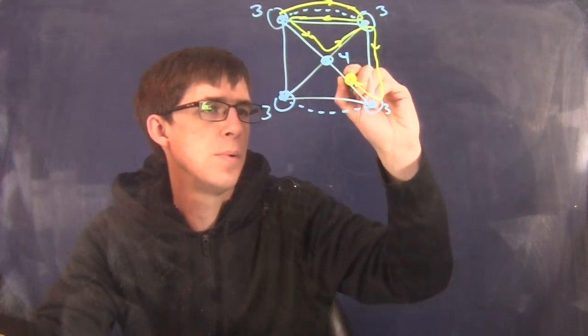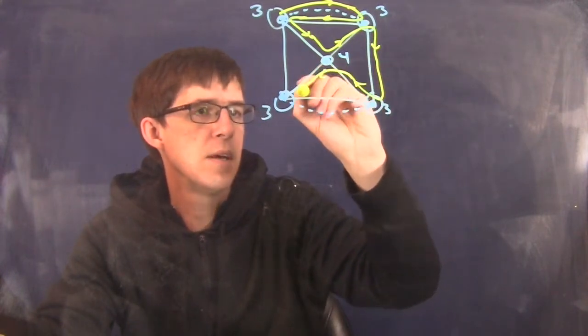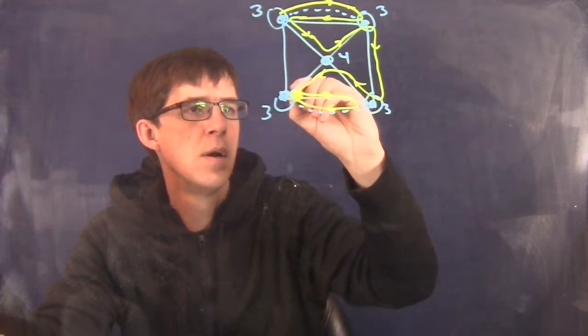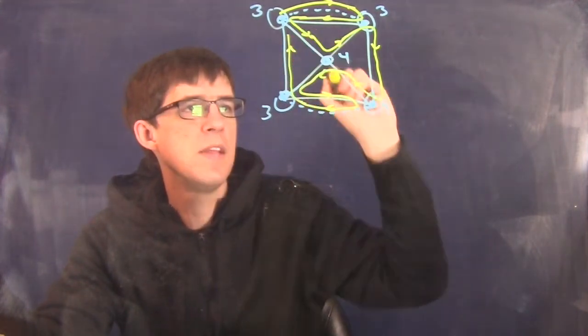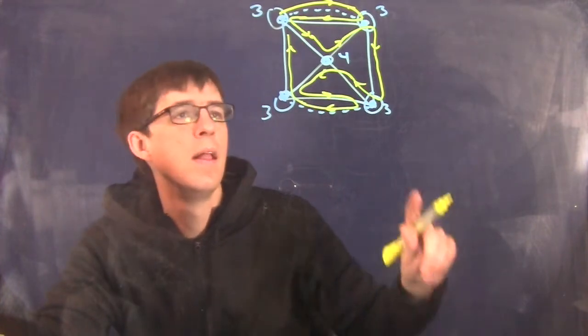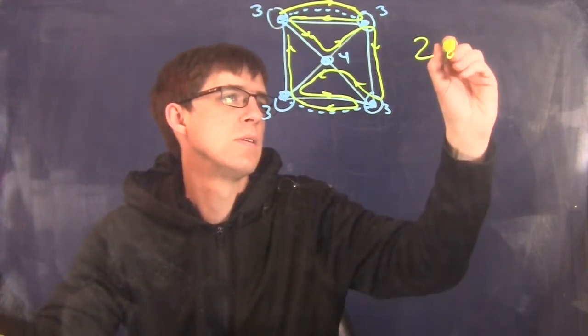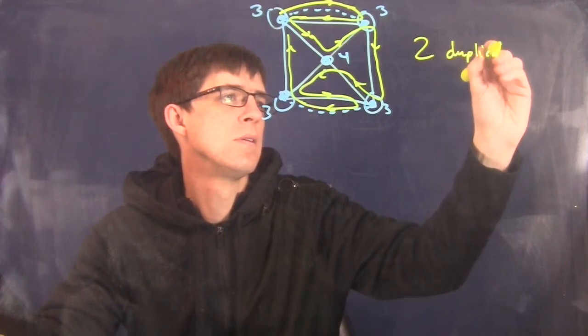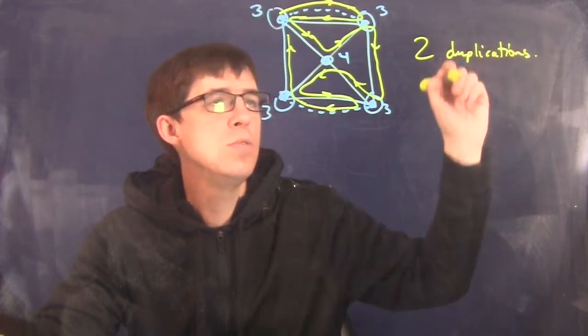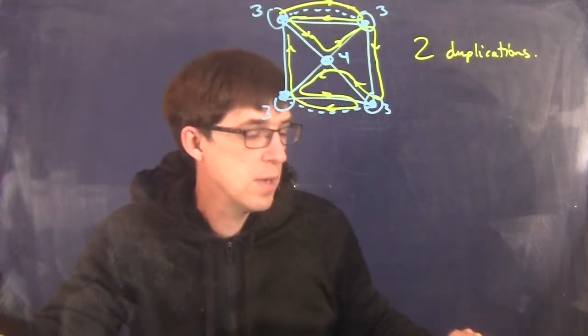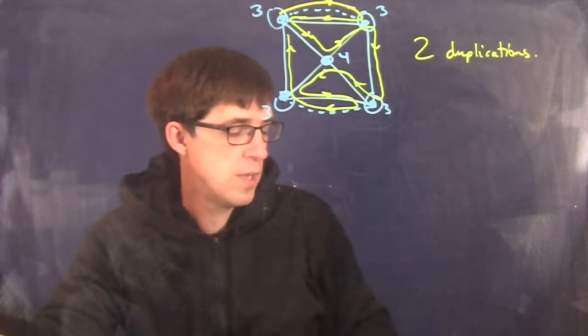Maybe I'll go back up the middle, back down here, over here, and back up. I think that does it. I hit every edge there. I had to do 2 edge duplications. 2 duplications were necessary because I had 4 odds. There's no way to do it any better than with 2 edge duplications.